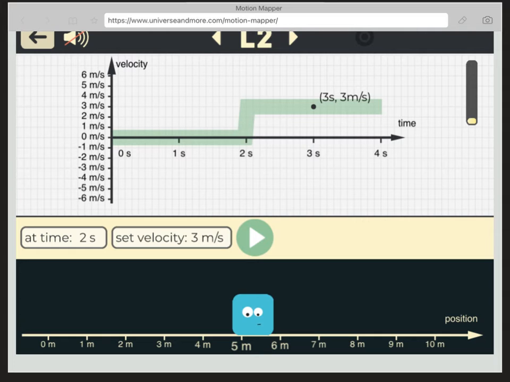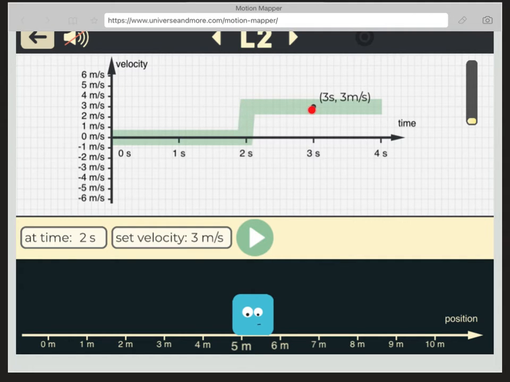But I'm not done yet because the thing that a velocity versus time graph doesn't show you is a starting position. Notice we still have our position here. You have to infer, all right, well, if it's going to move for 2 seconds at 3 meters per second, that means it has to have enough room to move 6 meters, because that's what that is, right?